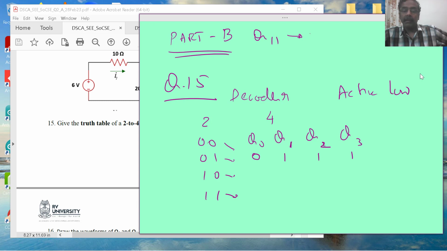Active low, a truth table will be like this. Now if it is 0 1, you have to choose this. Rest of it should be 1 1. Then if it is 1 0, sorry, let me erase it.